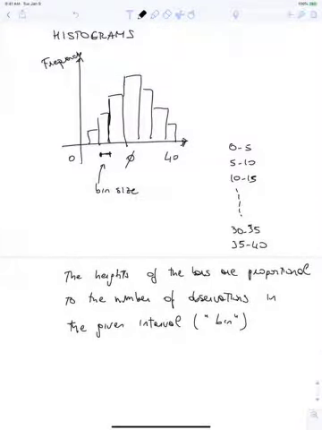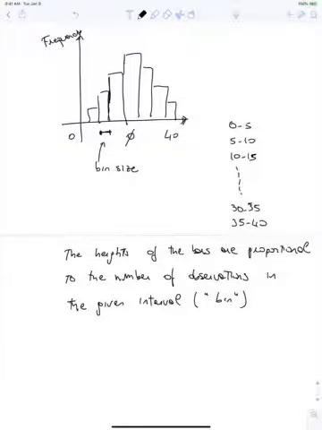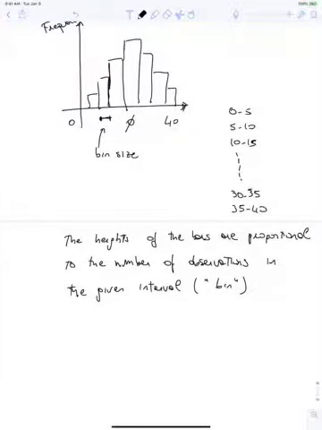So the way we build the histogram, well, obviously the software does it for us, but we take a data set, we count how many values we have between 0 and 5, and here we're going to list the frequency. So this is the number of values in the interval or in the bin. 0, 5, and we're going to do it for all the possible intervals.